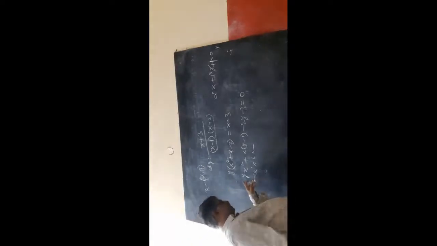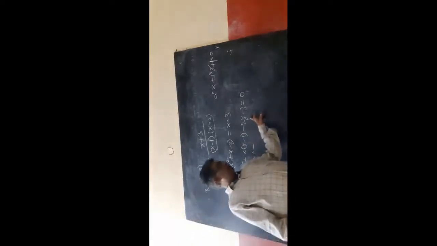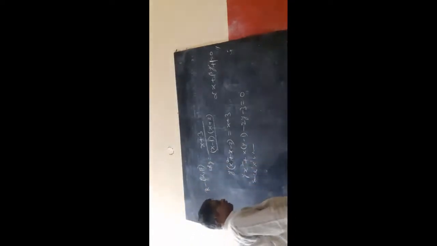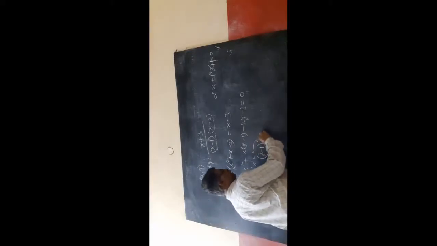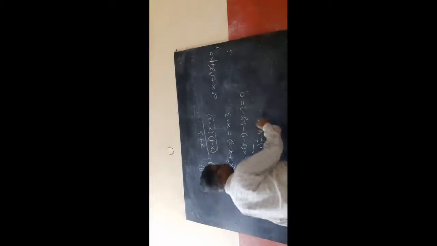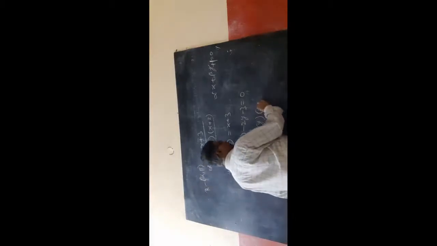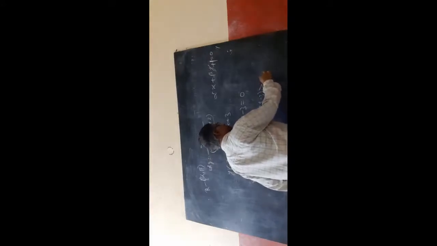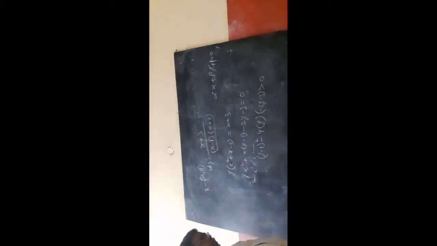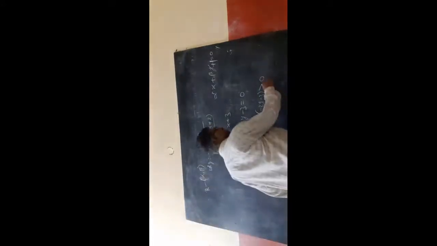What are a, b, c? a is y, b is y minus 1, c is minus 2y minus 3. So b square means (y minus 1) whole square, minus 4ac, 4 into y into (minus 2y minus 3), is greater than or equal to 0, since x is real.